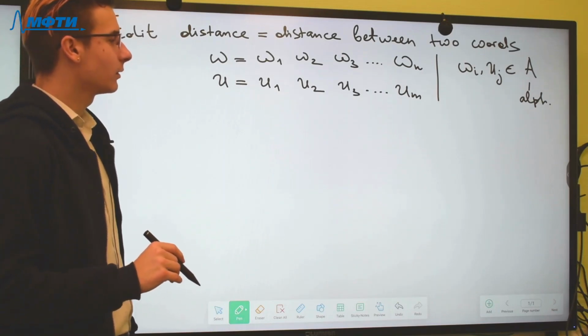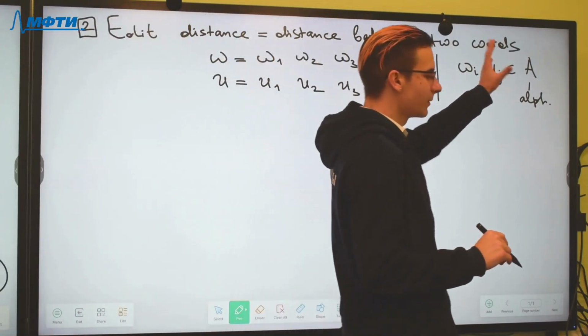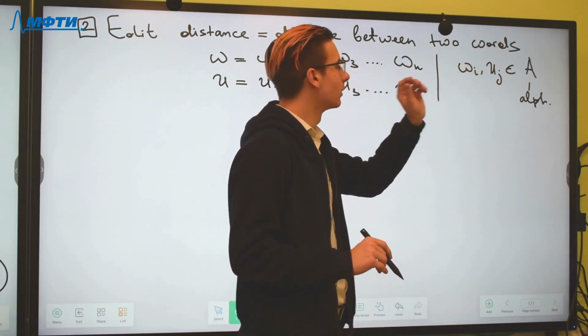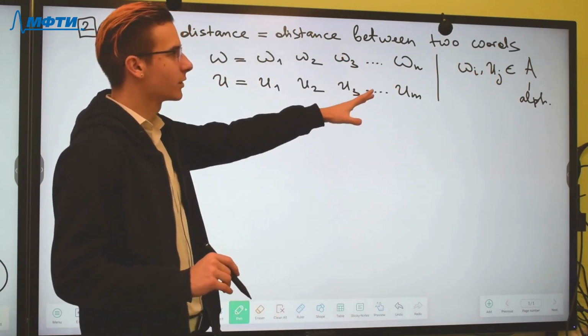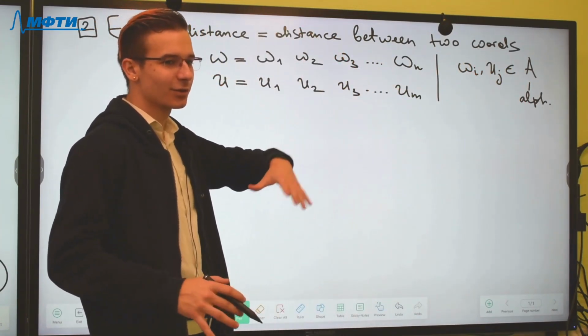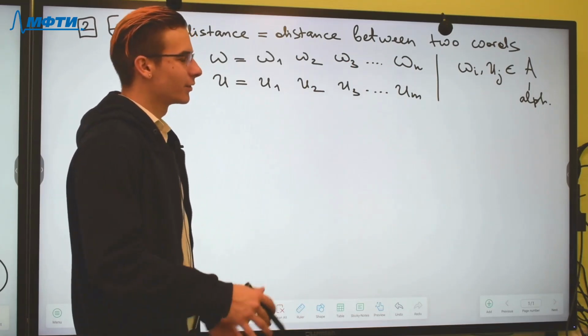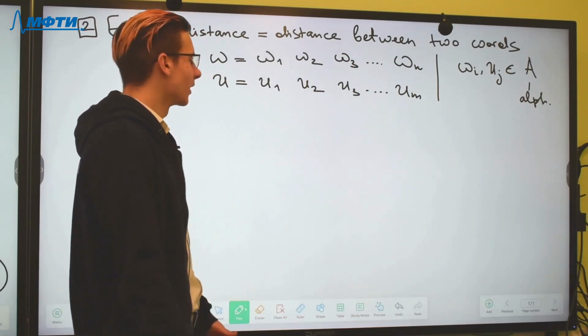I think the alphabet is a set. It can be the Russian language, for example, the English language, or a union of them, or a union of numbers, and so on.